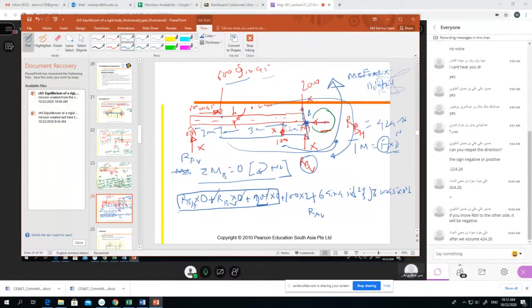Then what other force do we have? We have RAV. So RAV also rotates in the positive direction, so it is into the distance 2 plus 3 plus 2. Now there is no other force, so it all equals 0.